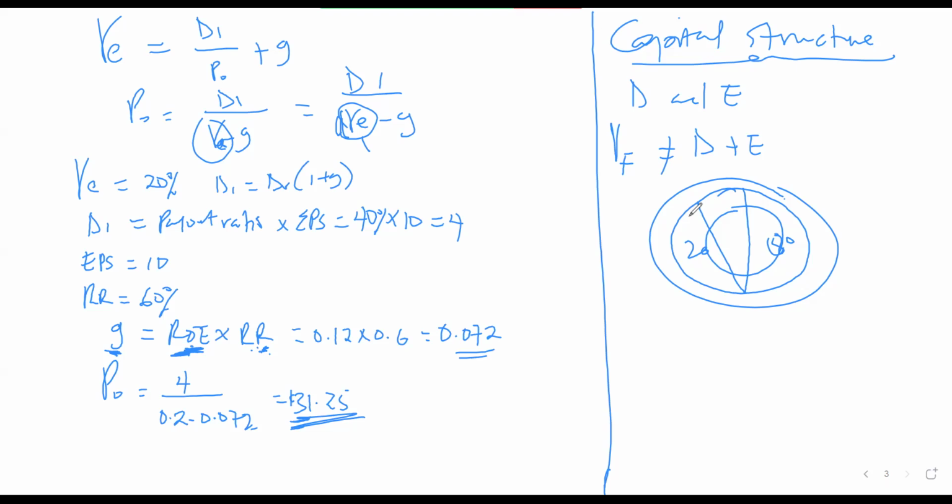So capital structure is not going to have any impact on the value of the firm. According to Modigliani and Miller, your capital structure is independent of your firm value. From their proposition 1, firm value is basically the present value of the future cash flows of the firm.